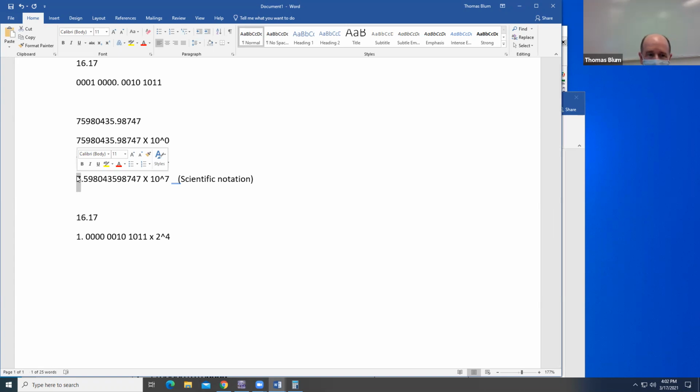It can be 1, it can be 2, it can be 3, up to 9. Down here in binary, the rule is the first digit has to be a non-zero digit. And in binary, there are only 2 digits, 1 and 0. So if it's a non-zero digit, it's a 1. So it always starts with a 1.